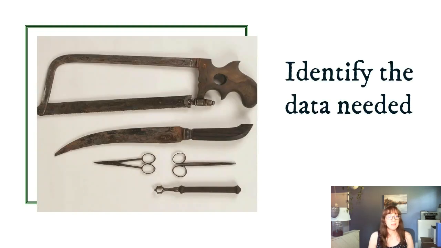Now that we know as much as we can about the historical and environmental context of our site, we have to determine what type of data we need in order to answer our research question. For instance, if we want to know whether the hospital was used at Mount Independence to treat wounded or sick soldiers, then the type of data we would want to look for are late 18th century artifacts that are related to medicine and health.